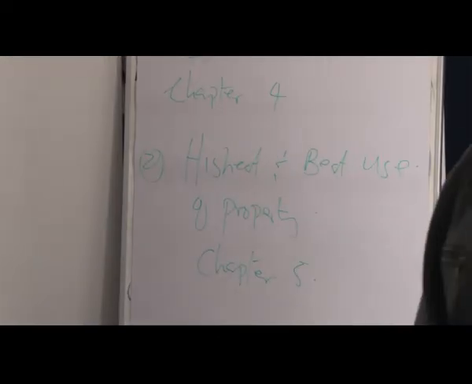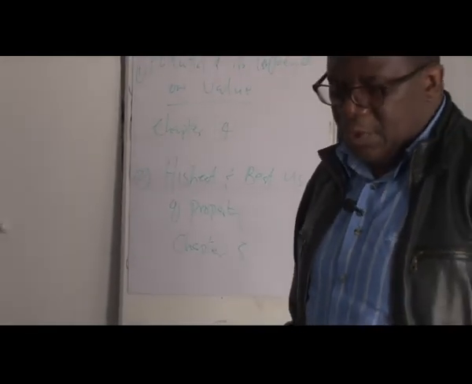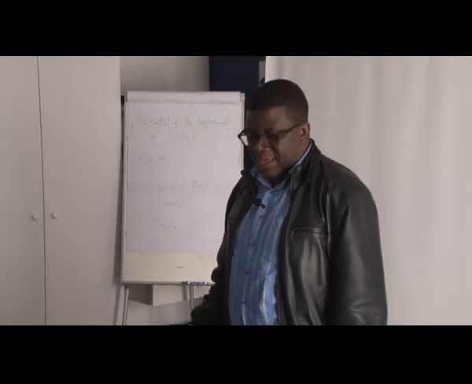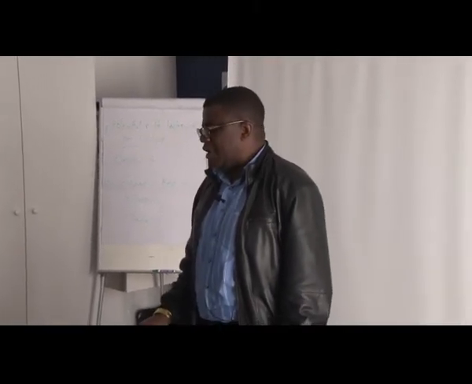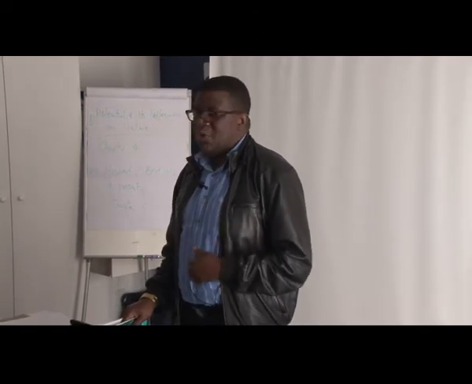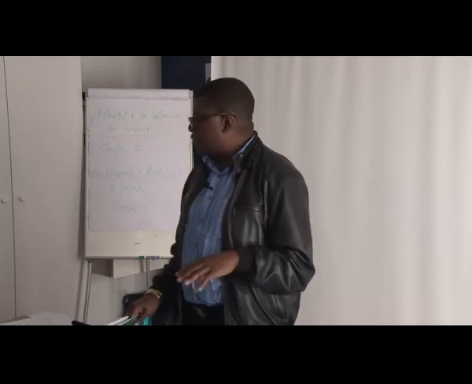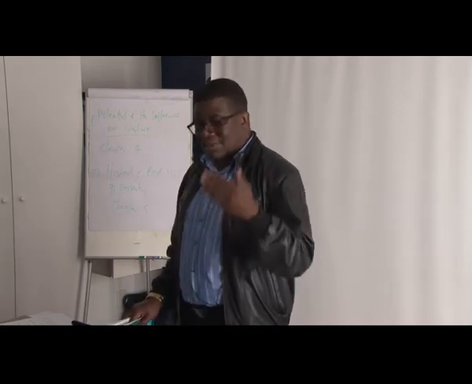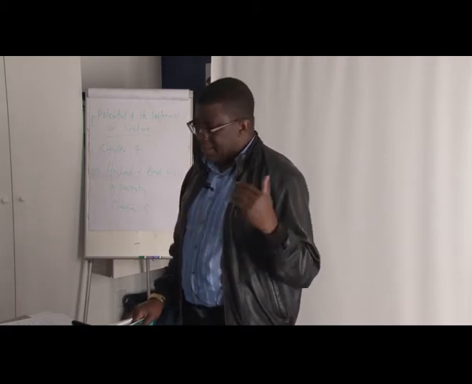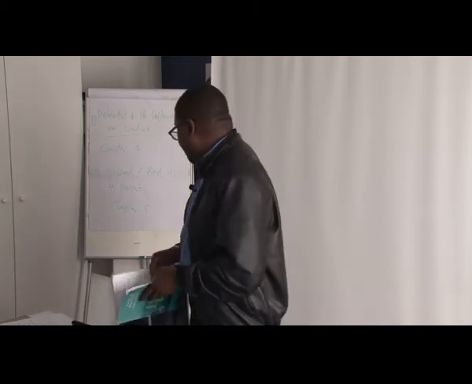I know this is the term that we started with from first year. We looked at this term, but I want you to have an in-depth knowledge of what it means. Simply put, it's that use of the property that results in the most optimal value for the property, the highest present value of the property. That is the highest and best use.